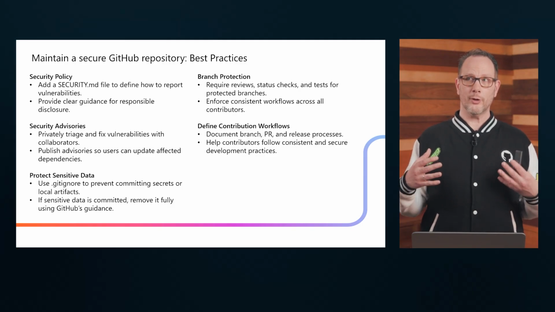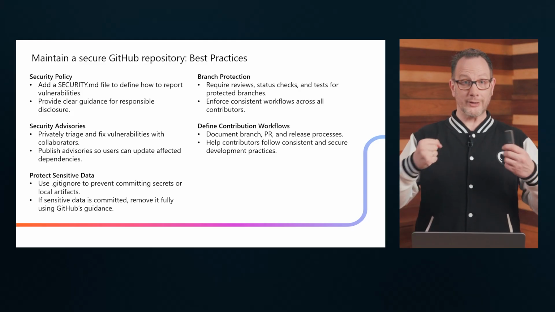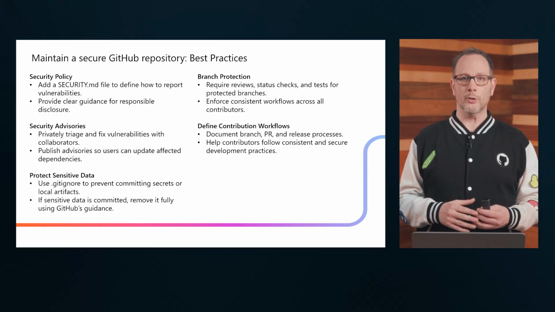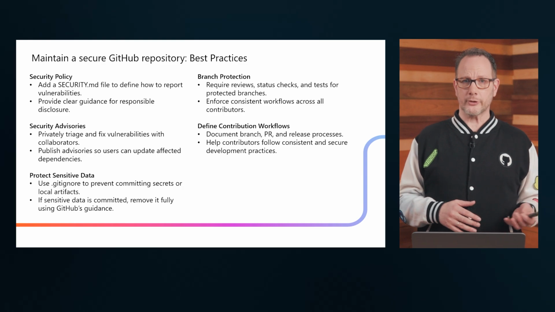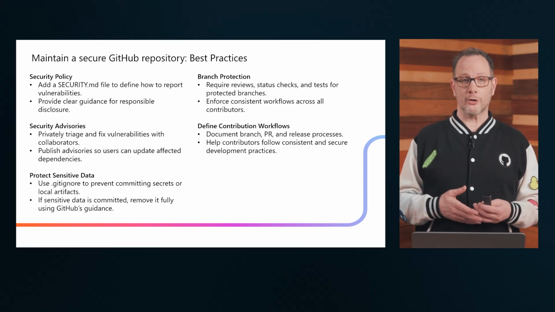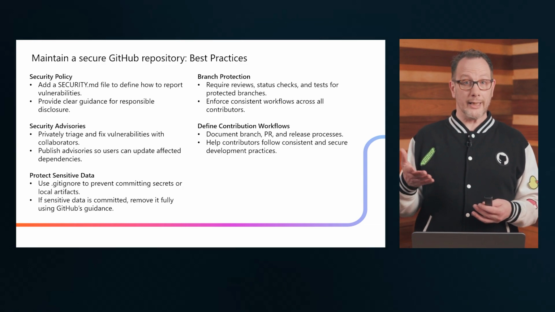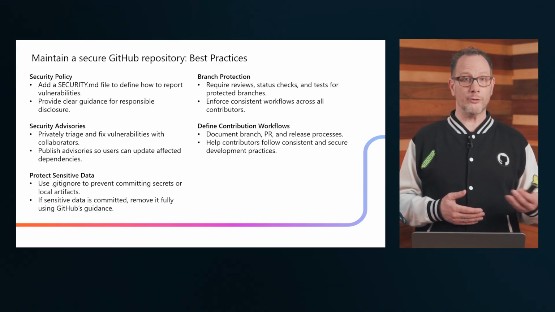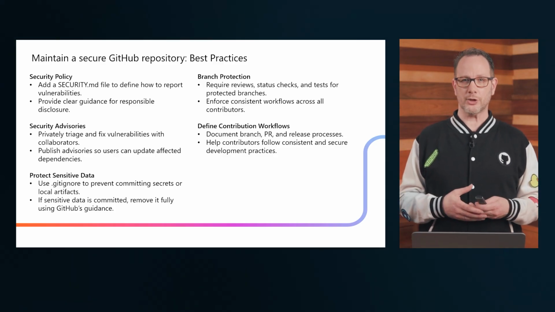We also need to think practically about protecting data inside the repo. Misplaced secrets are one of the most common sources of breaches, so relying on Git ignore files and strong removal procedures is really essential.